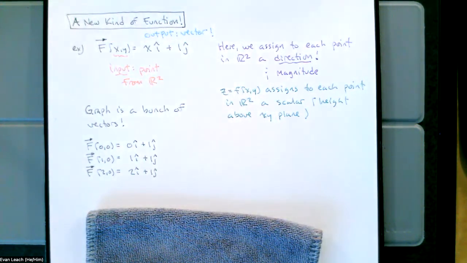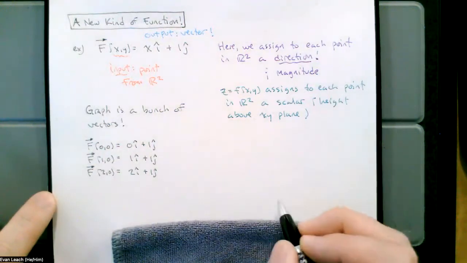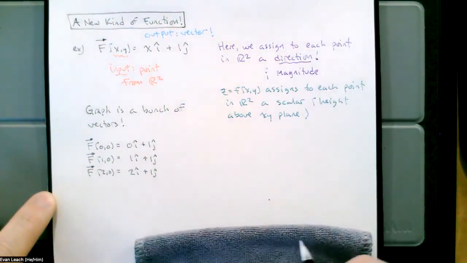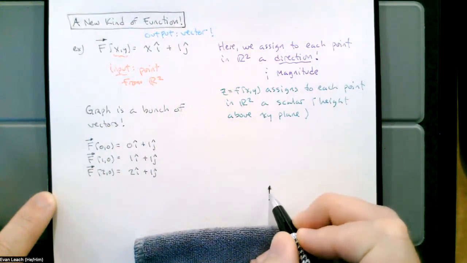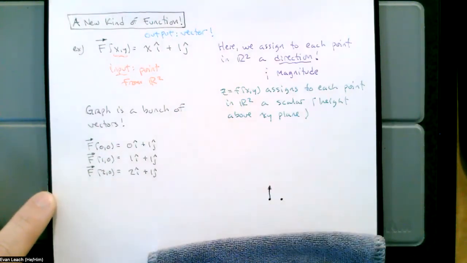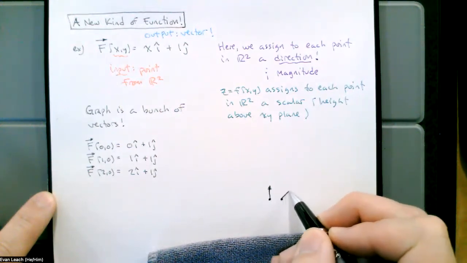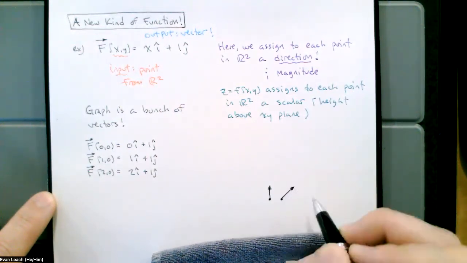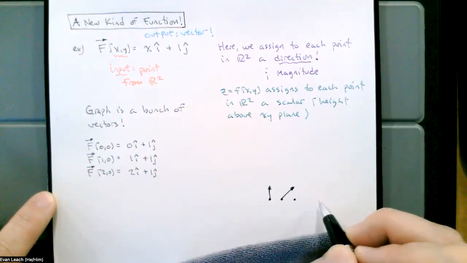So here we are plotting vectors along the x-axis. If this is the point 0, 0, here at the point 1, 0, I get the vector 1, 1. Here at the point 2, 0, I get the vector 2, 1.